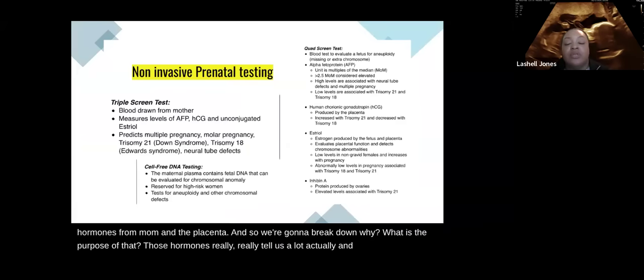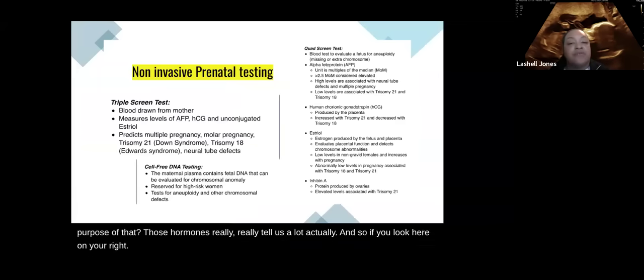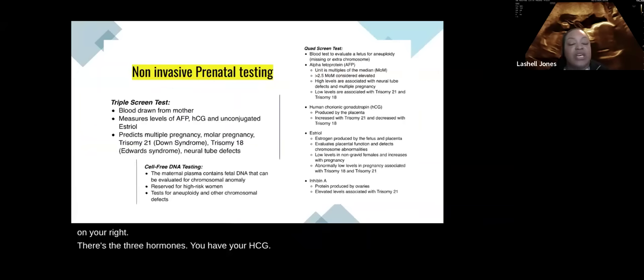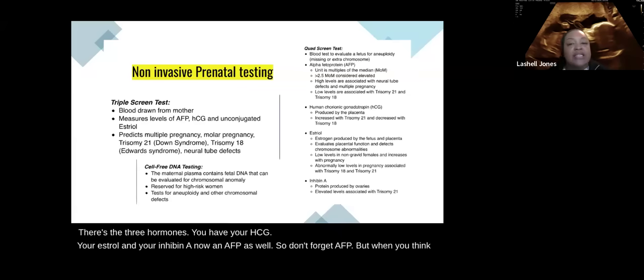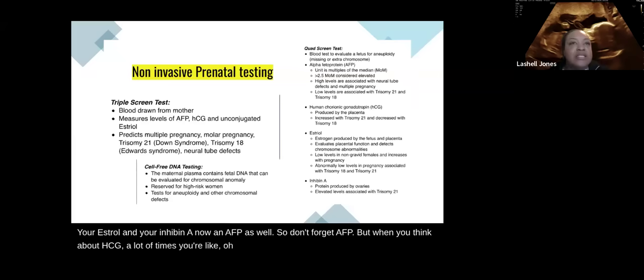And so if you look here on your right, there are the three hormones. You have your HCG, your estriol, and your inhibin A. Now, and AFP as well. So don't forget AFP. But when you think about HCG, a lot of times you're like, oh, that's just the pregnancy hormone, or it's increased because of multiple gestation.